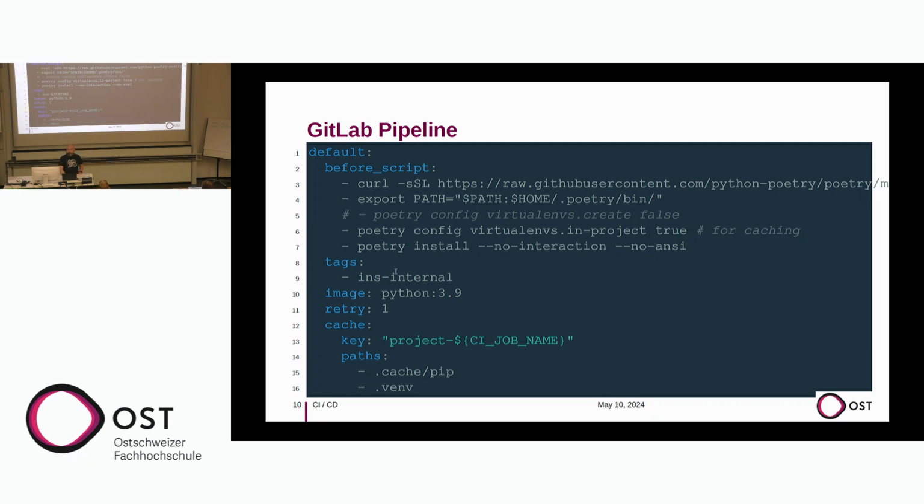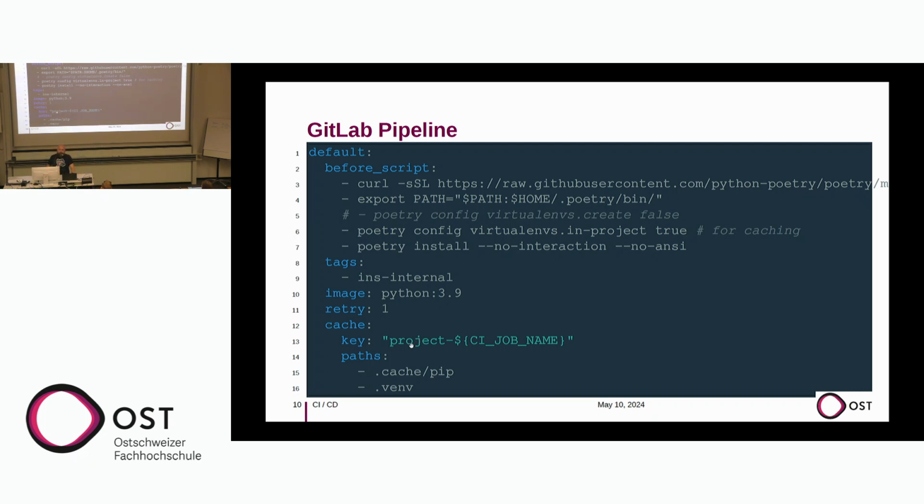The image is a Docker image in GitLab. So we say we have the Docker image with Python version 3.9, for example, but it could also be something else. And in the before script, we normally do something to install. In this case, the project uses Poetry, so we install Poetry here, and we also set caching.